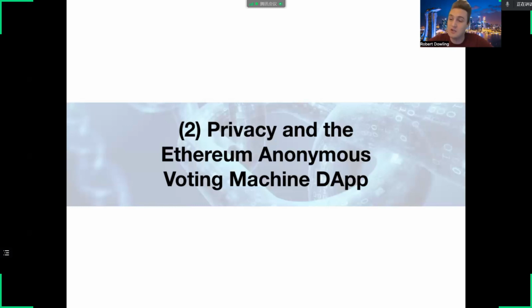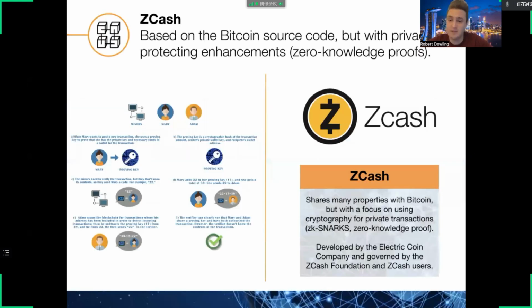So we want to use the blockchain to make sure only the people eligible to vote are voting. And we want to use the blockchain to make sure no one votes twice. But we want to make sure those votes are private, certainly private and anonymous.